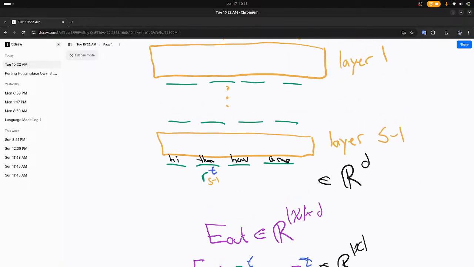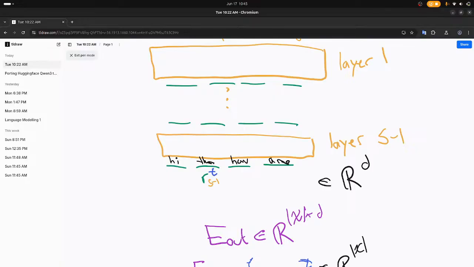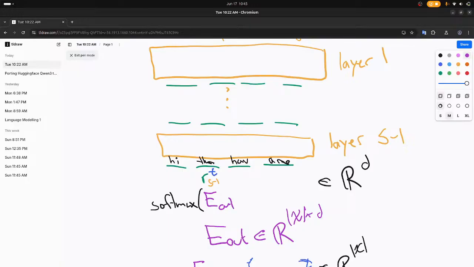So if I want to predict "hi there, how are you", what will I do? I will take the softmax of the product of E_out multiplied onto the residual stream vector r, at the last layer, s-1, at position 0, 1, 2, "how are you", 2.